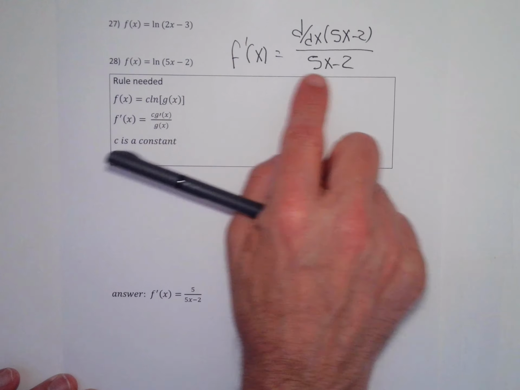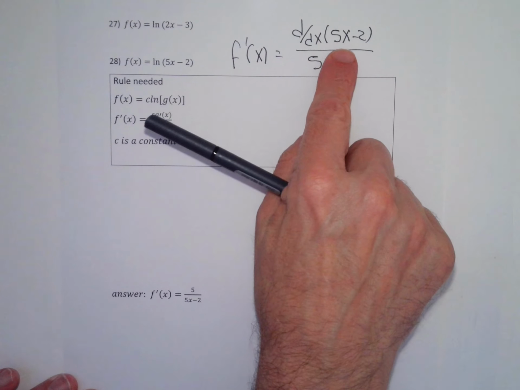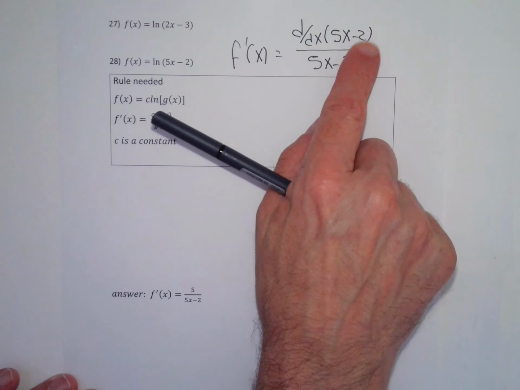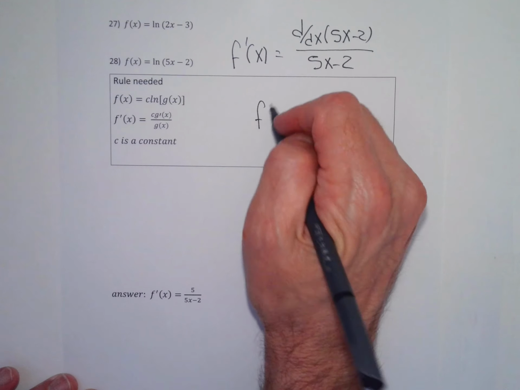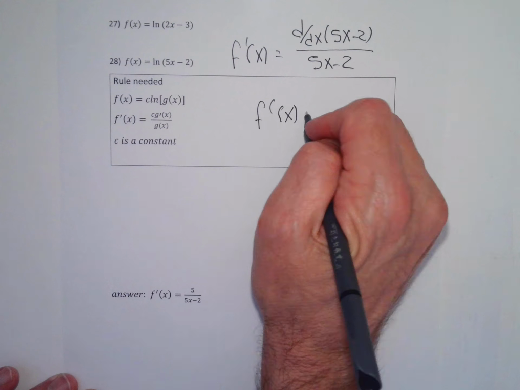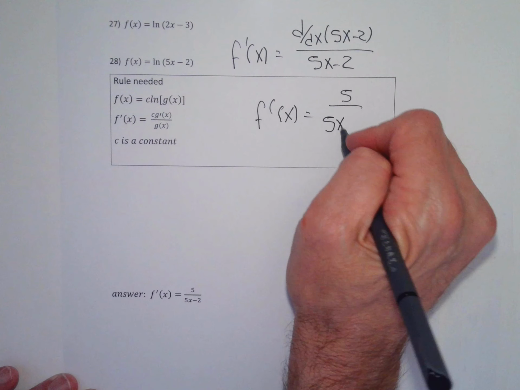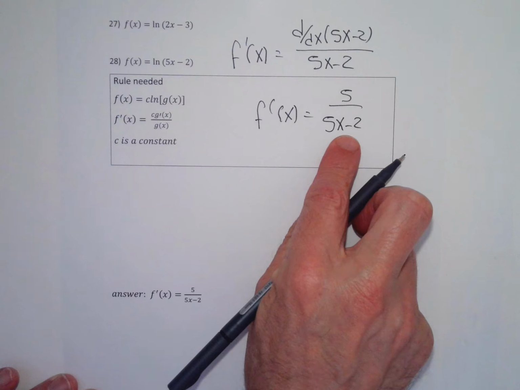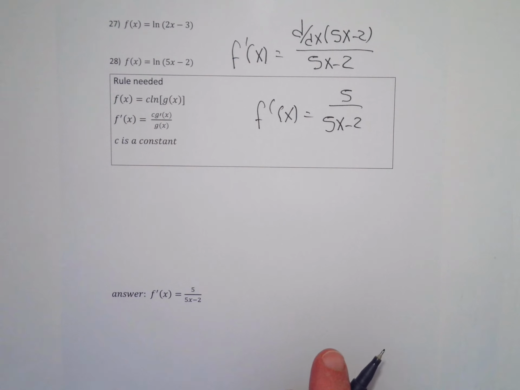It has to be straight multiplication to do the kind of reducing I've been doing. This derivative, the derivative of 5x is 5, the derivative of minus 2 is 0, so that derivative is just 5. And a 5 can't cancel out the 5 in the 5x minus 2. If it was 5x times 2, if that minus was a times, it would be allowed to simplify the 5. Because it's not, I can't.